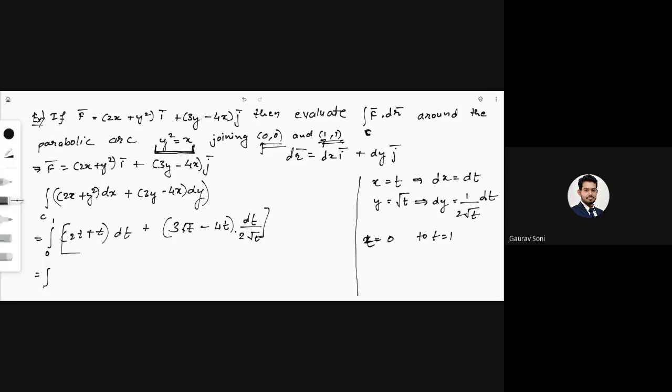So this is equal to integral 0 to 1, 2t plus t, that will be 3t, minus 4t. Okay, sorry, I'll have to open the bracket first. So 3t plus 3 by 2 minus 4 root t dt. Please check the calculations. You may be wrong somewhere.